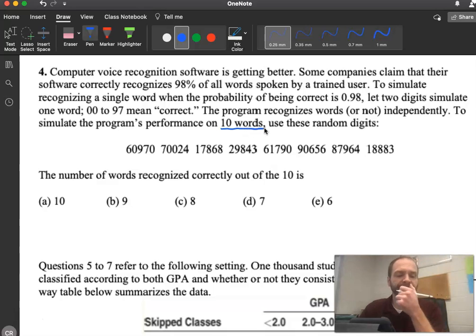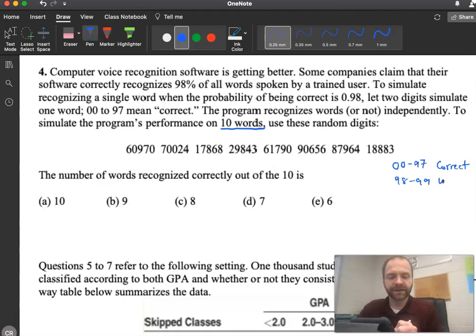So I'm going through and I'm thinking about this one for a second. I'm going to write this down. 00 to 97 means correct. 98 to 99 means incorrect or wrong. So still diving into the idea that this prompt is telling me how to do it right. Now, I'm going to also say one thing. We are writing this prompt based off of probability.